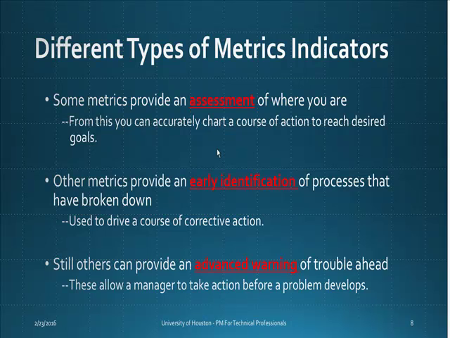As we move forward with earned value management techniques within the next couple of weeks, probably after our midterm exam, we're going to discuss what earned value metrics help us understand our current progress, identify early any process that might have broken down, and provide advanced warning for trouble ahead.